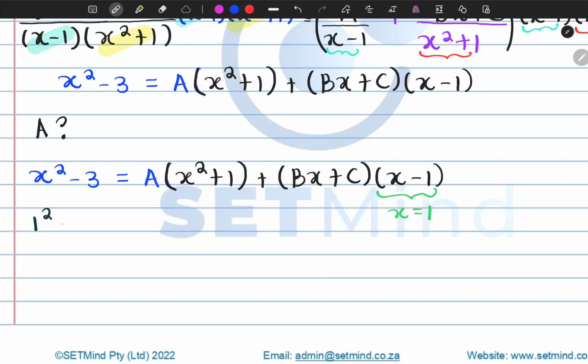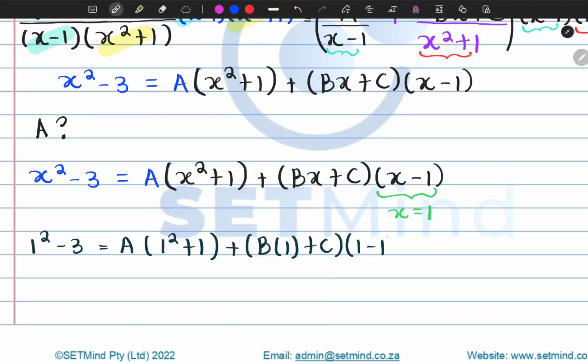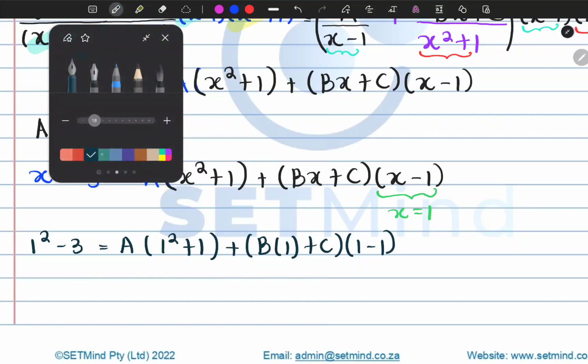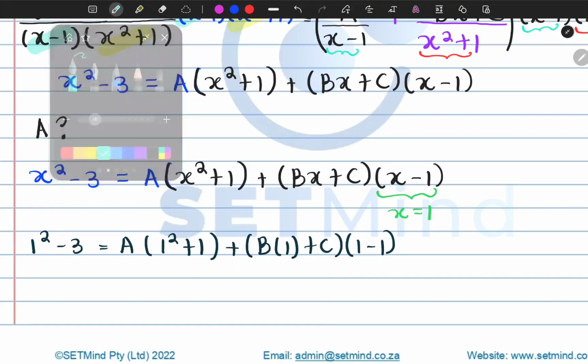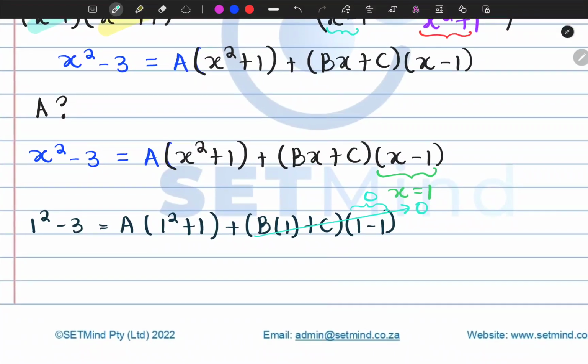So you'll have 1 squared minus 3 equals a into 1 squared plus 1, plus b into 1 plus c, multiplied by 1 minus 1. If you look carefully, that entire bracket that has the b and the c, because of this portion here, which will be 0, everything will multiply by 0.